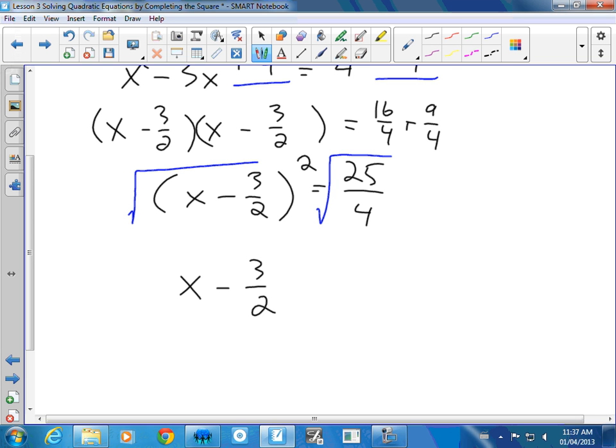Well, that's easy. Now, here's the question for you. The square root of 25 over 4. What's the square root of 25? What's the square root of 4? Well, that actually works out quite nice, isn't it? But what do I got to put in front of it? Plus or minus 5 over 2. Is that right? Yeah? All right.